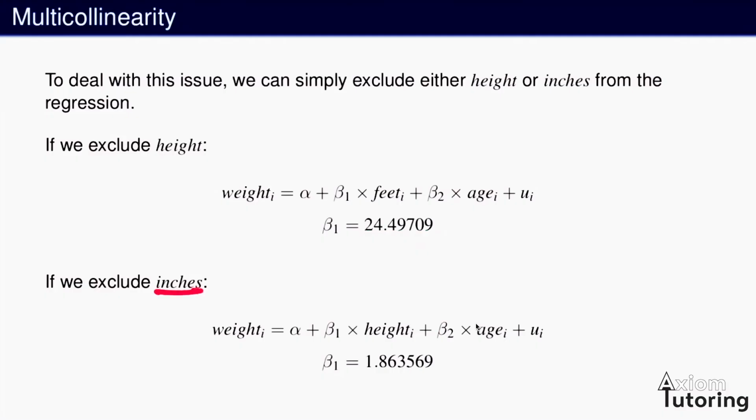Now, if we exclude feet and include height, then we get weight is equal to alpha plus beta 1 times height plus beta 2 times age plus u_i. And now we get a beta 1 that is 1.86. In this case, both show that there's a positive correlation between height and weight, irrespective of the measurement that you use.